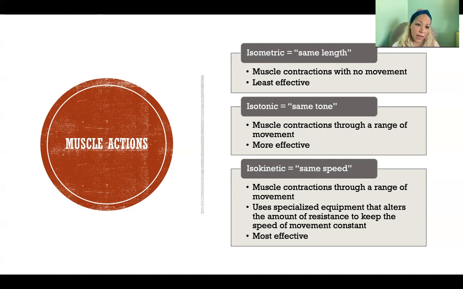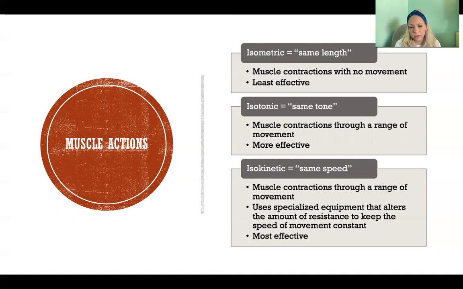Okay, so in isotonic movements, we might fluctuate in our speed, and we might fluctuate without thinking about it because it's just a natural thing to do. And we might fluctuate on purpose, like you might go extra slow on the eccentric. There are different strategies there to emphasize different parts of the movement.